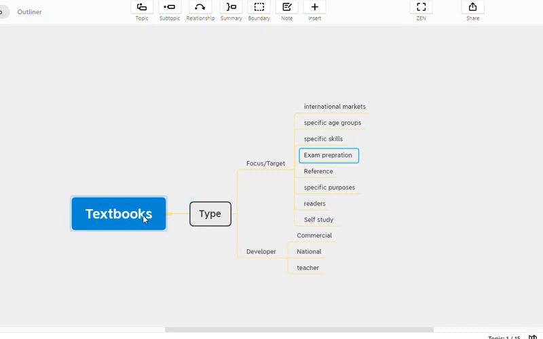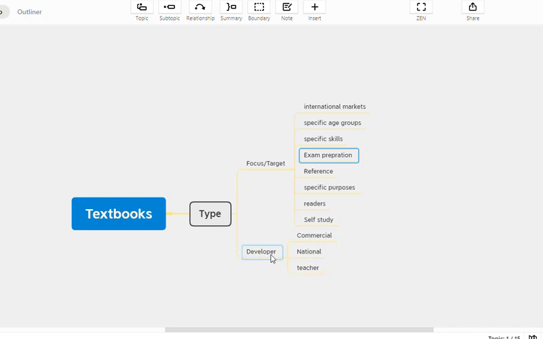Again, textbooks can be classified in terms of their developers. The first classification is based on the target group, or the focus group. But here, it is classified based on who is the developer and designer of the textbooks.